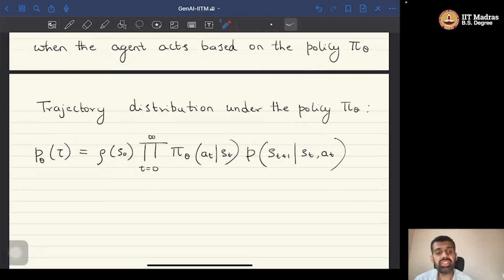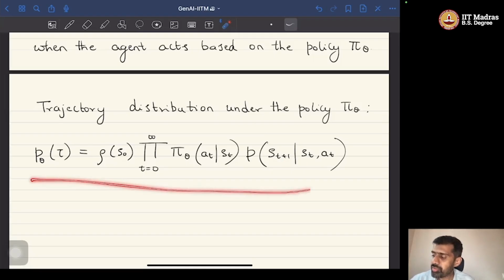So the probability of agent starting at S0 is given by the initial state distribution rho of S0, and then at every time t, the agent acts according to the policy, which means that the agent performs the action at given that it is in state st. Now depending upon the action that the agent has performed while being at state st, it transits to state st plus 1 in accordance with the transition kernel p, right?